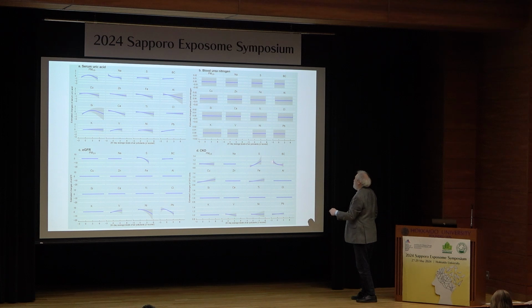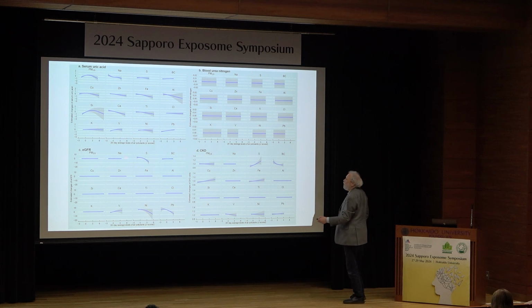Black carbon is a little non-linear and a little protective, nothing going on with aluminum. Silicon, a little bit of a risk factor. You know, for uric acid, there's a slight increase with black carbon, decrease with calcium, increase with my favorite metal, and that's what you can see with these different things.